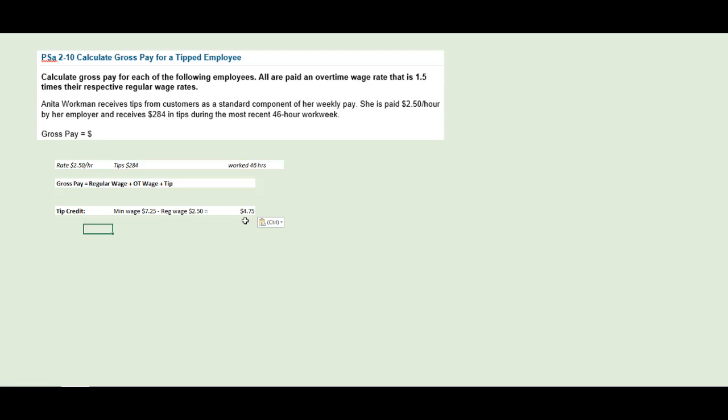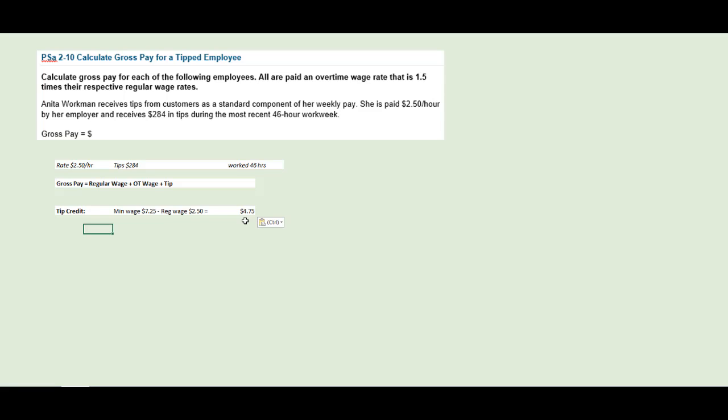The tip credit is utilized by the employer who, because of tips, does not have to pay the minimum wage, and could pay a regular wage that is less than the minimum wage. In this case, the regular wage of $2.50 is less than the minimum wage of $7.25. And so this difference of $4.75 is the tip credit.